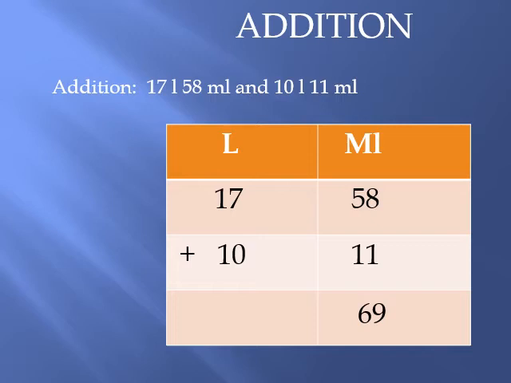Now we will add liter. 17 liter plus 10 liter is equal to 27 liter. The answer will be 27 liter 69 milliliter.